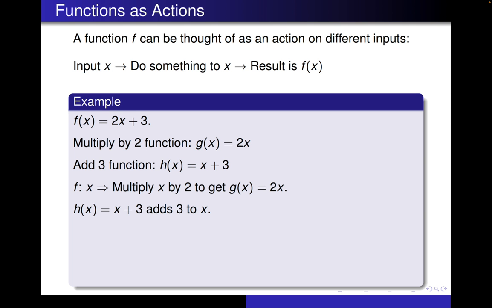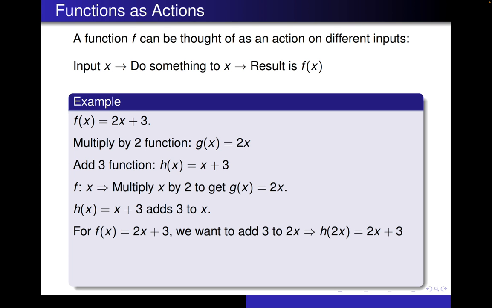If we want to add 3 to 2x, that means that 2x has to be our input, right? So for f of x equals 2x plus 3, we want to add 3 to 2x, which means we don't want to look at h of x, we want to look at h of 2x. So if 2x is our input, and if h adds 3 to the input, that means h of 2x is going to be 2x plus 3.